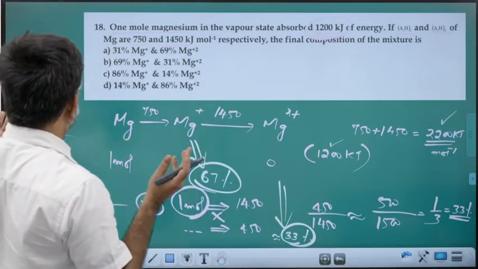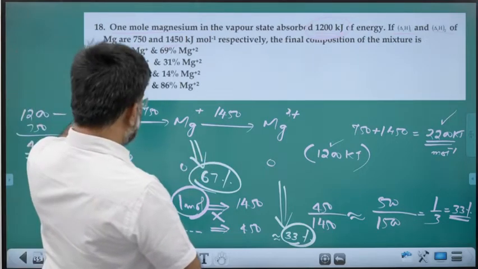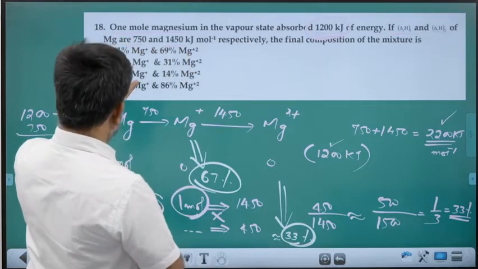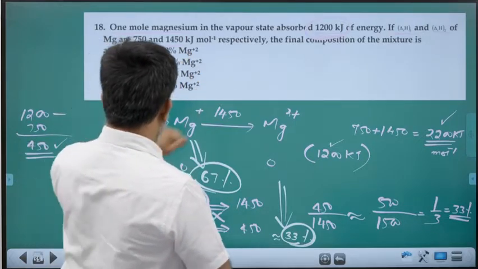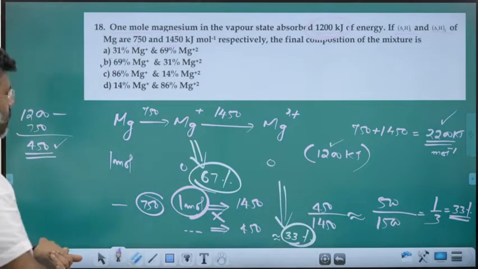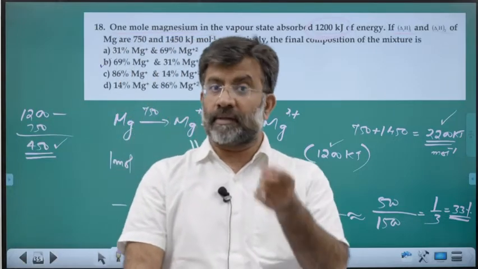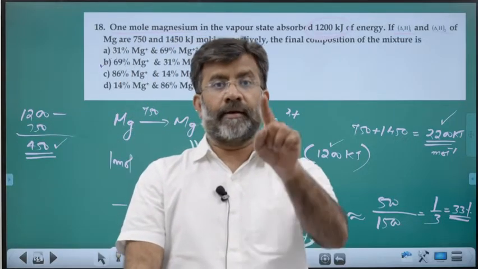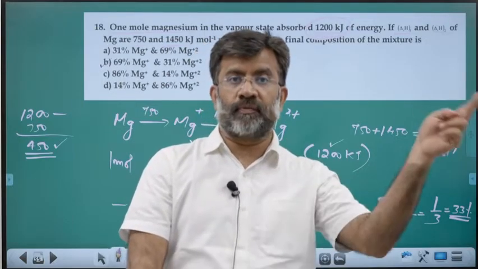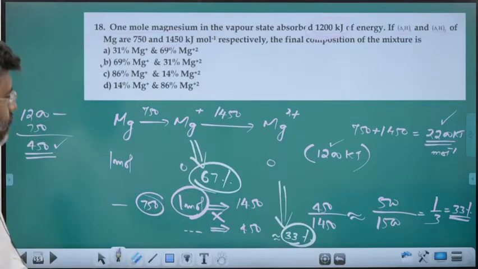Suppose there is a close figure, we have to work out further. 31 Mg plus and 69 Mg2 plus is wrong. 69 Mg plus and 31 Mg2 plus will be the correct answer. Some 69% will be Mg plus remaining, and some 31% Mg2 plus formed. Hope the calculation is clear.